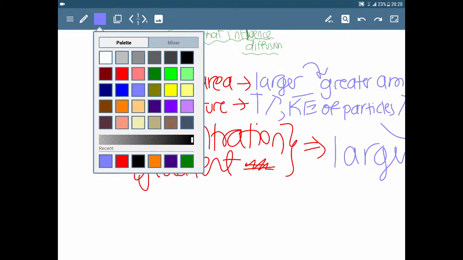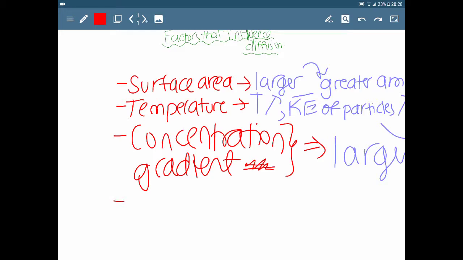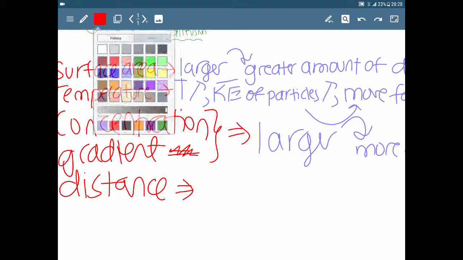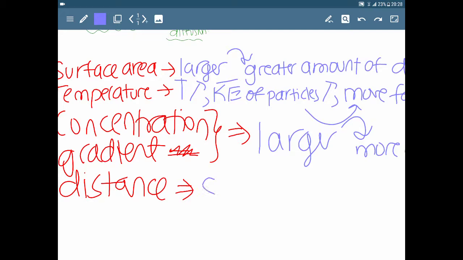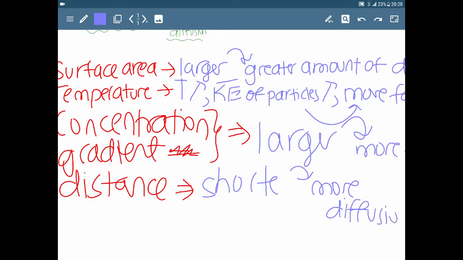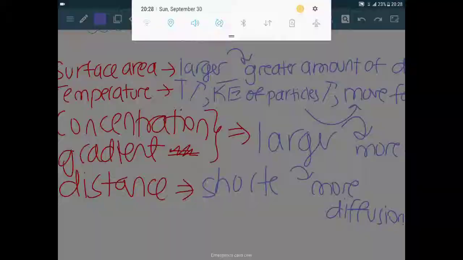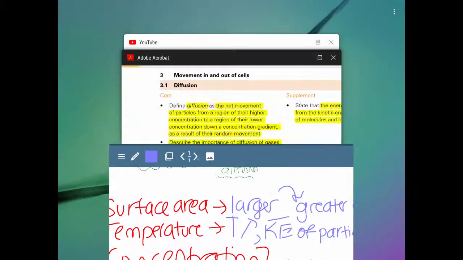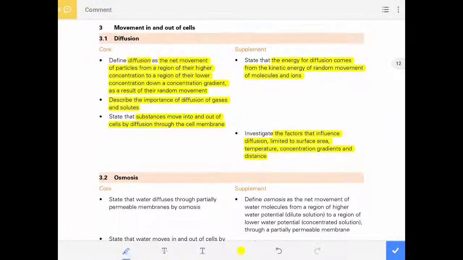And the last factor is distance. If the distance is shorter, then there is more diffusion. Okay, so that's done.